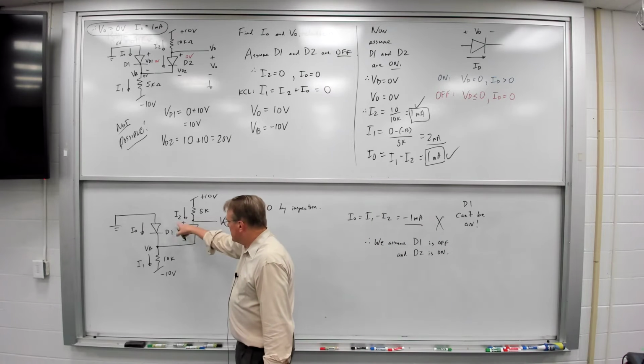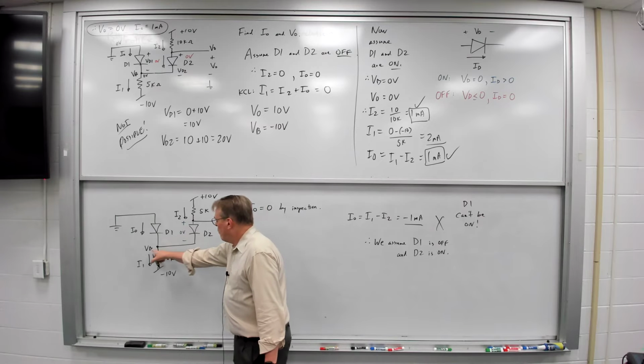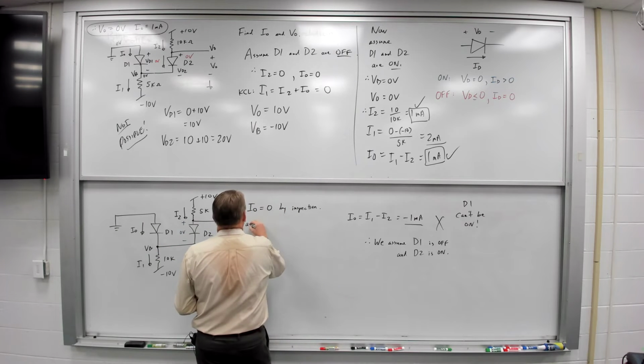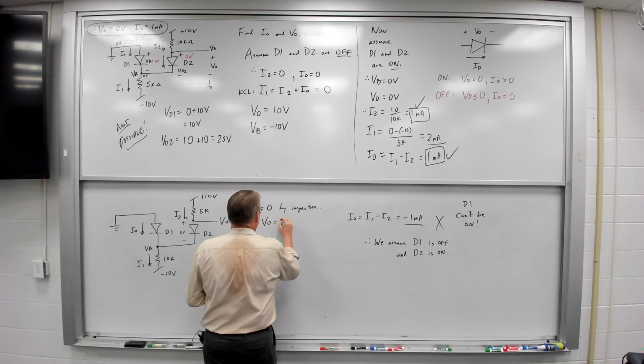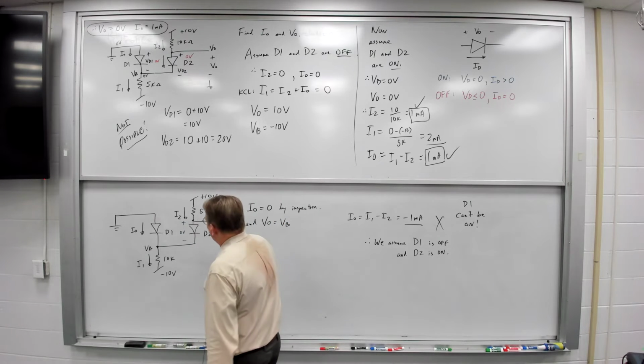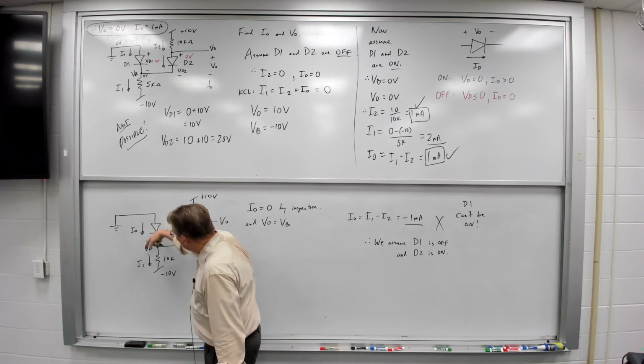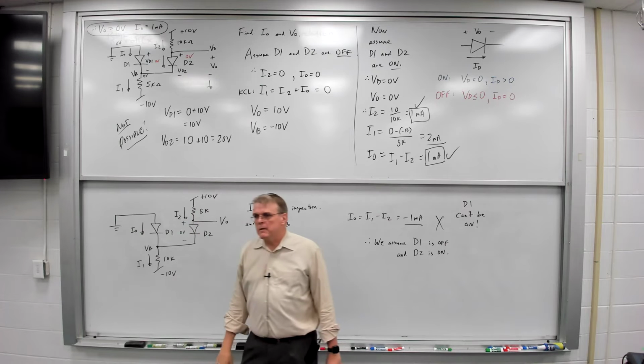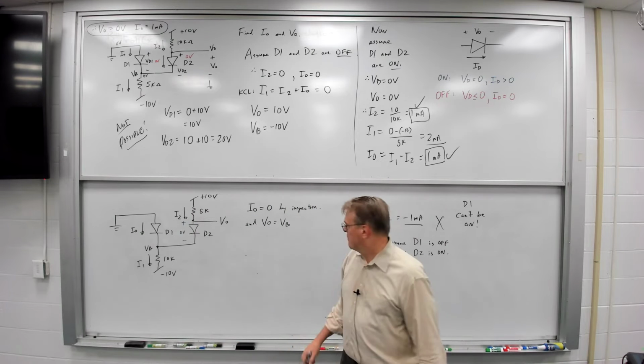D2 is on. I've still got 0 volts across it, and therefore VO is still equal to VB. We also know that since this current is 0, then I2 and I1 must be the same current by KCL.